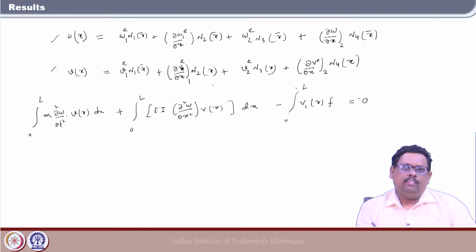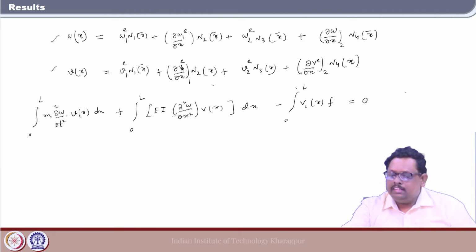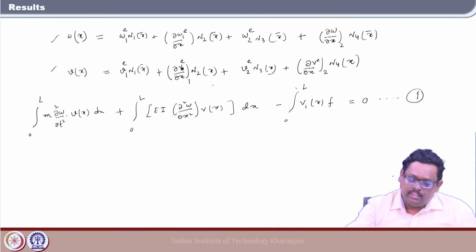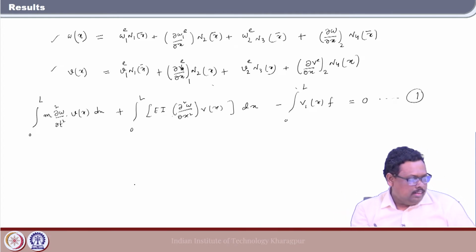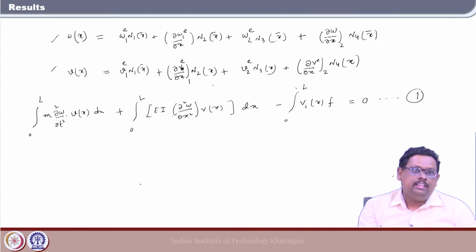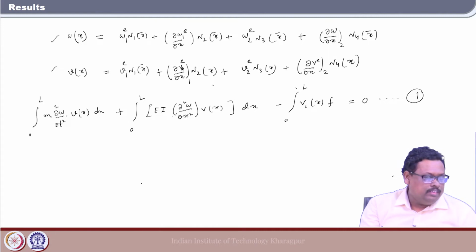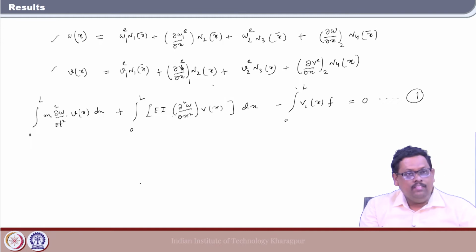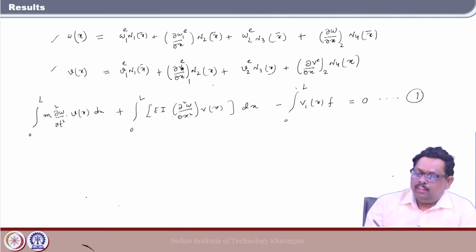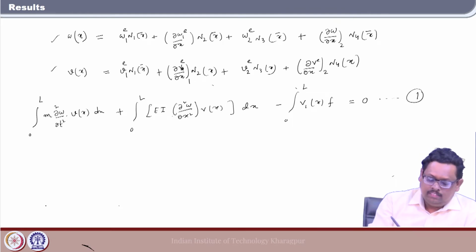This is actually my formulation, and you can mark it as equation 1. What you need to do is replace the W and V. So if you substitute this W(x) and V(x) in equation 1, what do you get?